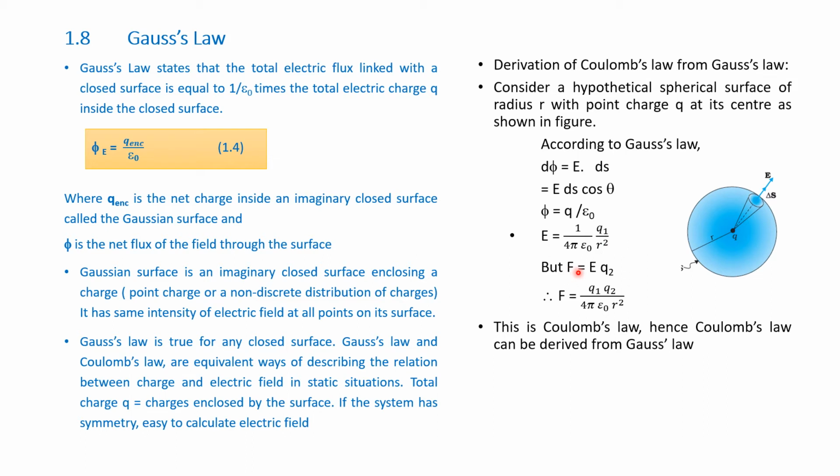Therefore, F is equal to E into q2. That is, if we multiply this E with q2, we get the value of F. Therefore, F is equal to q1 q2 over 4 pi epsilon naught r square. So, we have derived Coulomb's law from Gauss law.